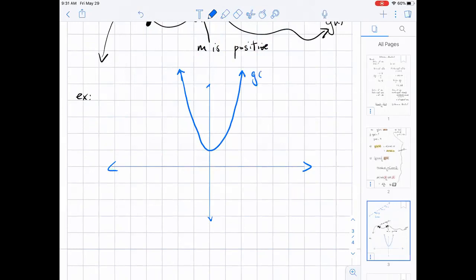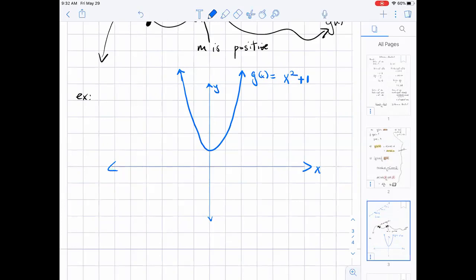X squared. You're very close, but not correct. Plus 1. Yes, x squared plus 1. Yep. X squared plus 1. Okay.